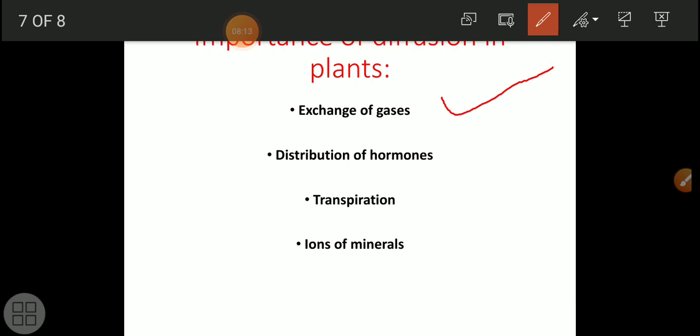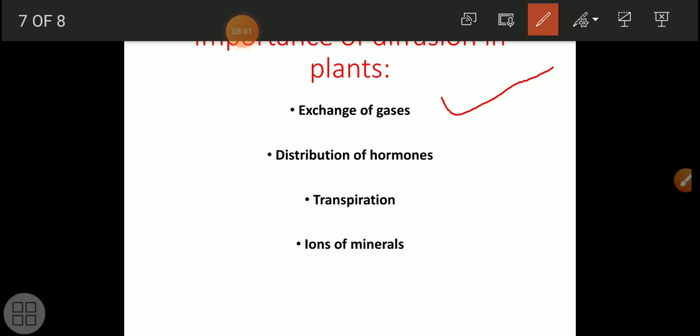By the process of diffusion, whenever a higher concentration of vapors gets accumulated at the stoma, and outside there is a lower concentration of vapors, immediately vapor starts coming out of the stoma in the process of transpiration.